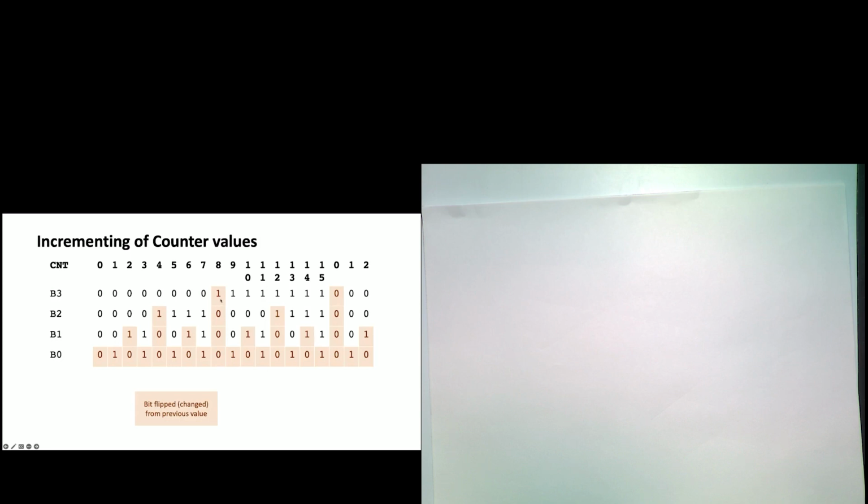And if you look at bit 3, it changes when you're at 7 and when you're at 15. And this occurs when bit 2, bit 1, and bit 0 are 1, all three of them. Okay. So this is the pattern you see.